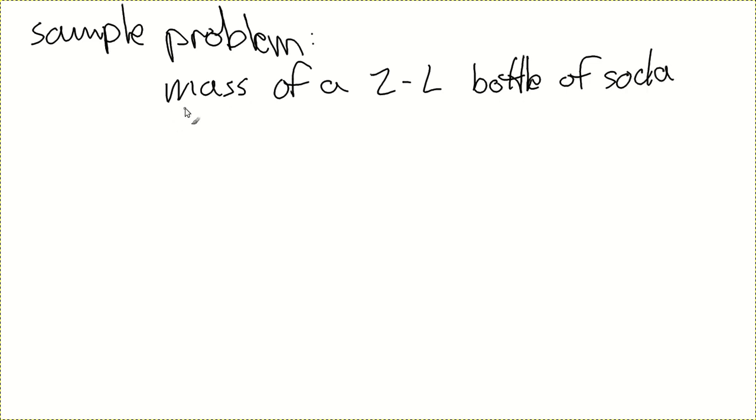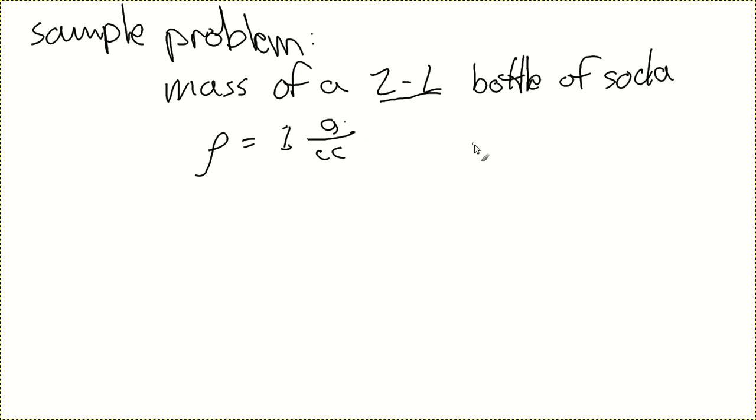Now soda is mostly water, so the density of soda is pretty much going to be 1 gram per cubic centimeter. And the volume is 2 liters. So we need to convert either cubic centimeters to liters or liters to cubic centimeters.